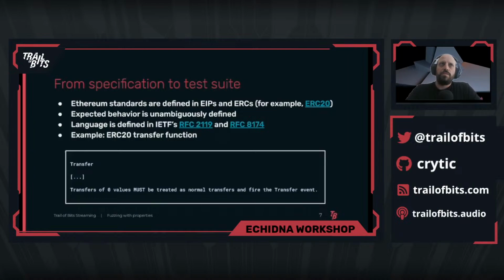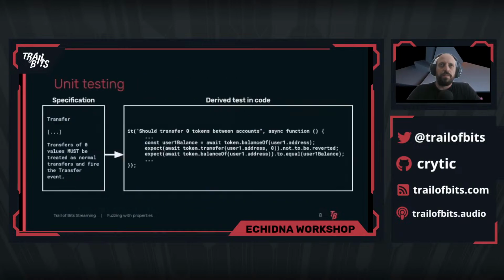The idea of this part is that we will explain a bit how to go from specification to test suite. First of all, we will be talking about unit testing, that it's what most developers are familiar with. So you have the specification and you create a unit test that makes sure that the specification is compliant.